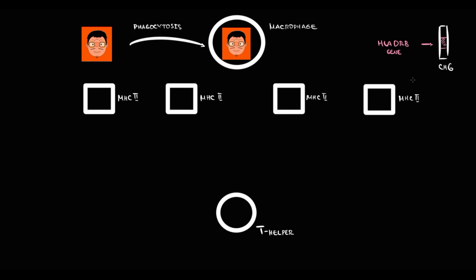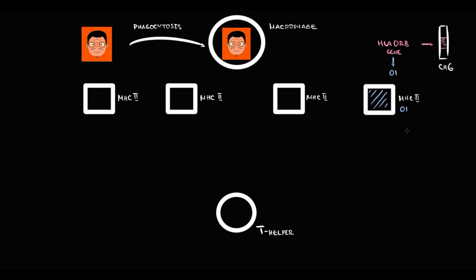So in this case, we all have a gene that encodes MHC II receptor. We call this gene HLA-DRB, but this gene can be different, and different variations of the HLA-DRB gene we call HLA-DRB alleles. For example, if a person has the HLA-DRB1 allele, this person will have an MHC II receptor that was made based on genetic information in the HLA-DRB1 allele.